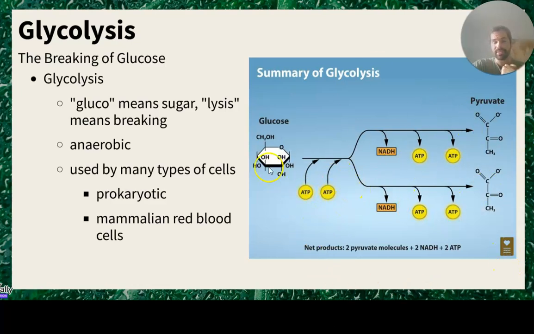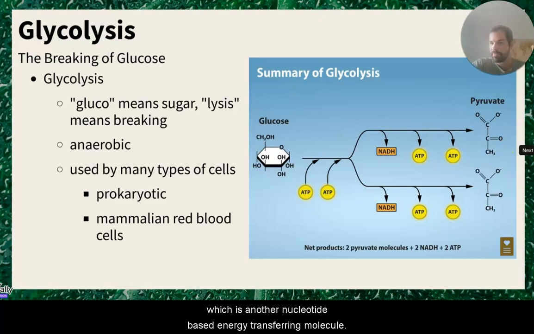So its general summary is this. We have glucose going in. It takes a couple of ATP, and then at various steps along the way, it produces some other ATP as well as NADH, which is another nucleotide-based energy transferring molecule. It doesn't store as much energy as ATP, you would say.